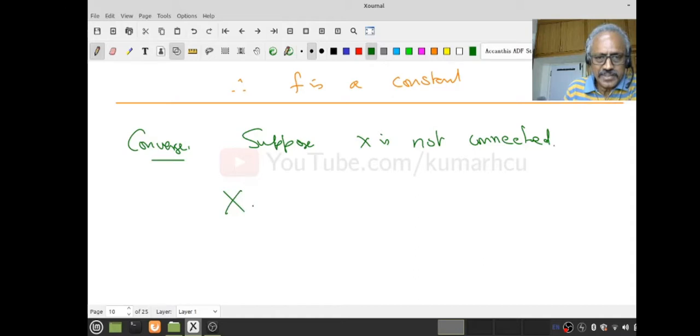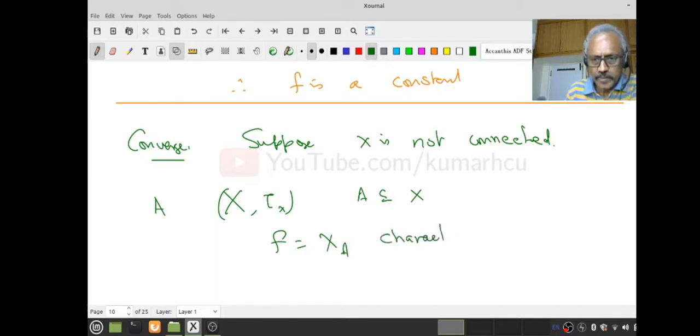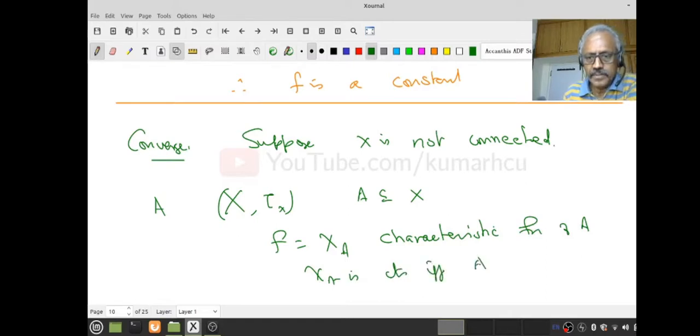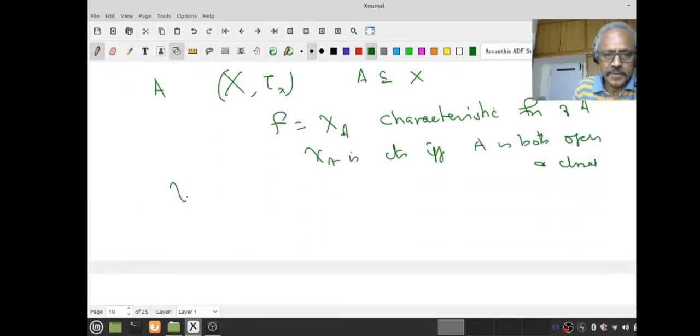Suppose X is a set and A is a subset of it, then let f equal chi of A. That is the characteristic function of A. Then I have proved chi_A is continuous if and only if A is both open and closed, where chi_A is 1 if x belongs to A, 0 otherwise.